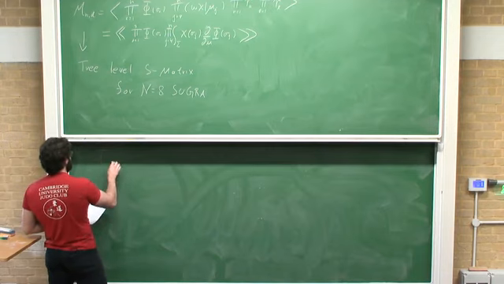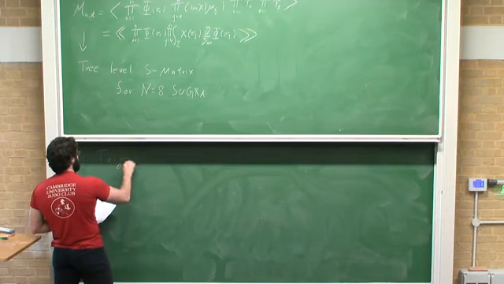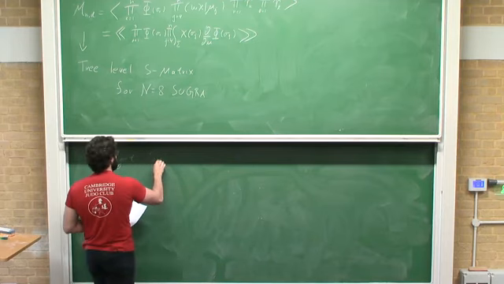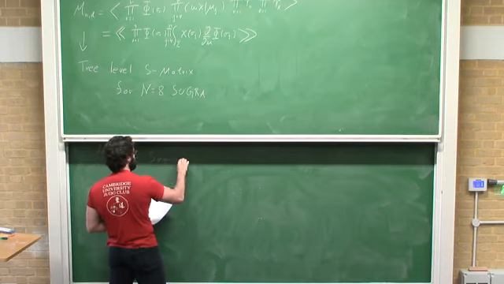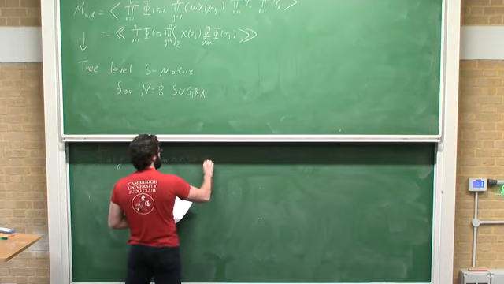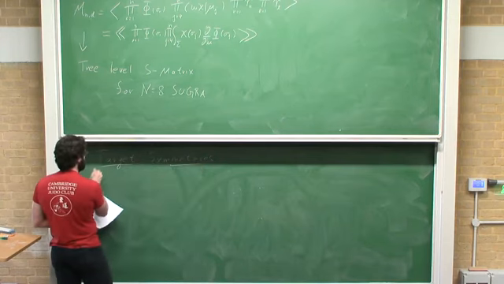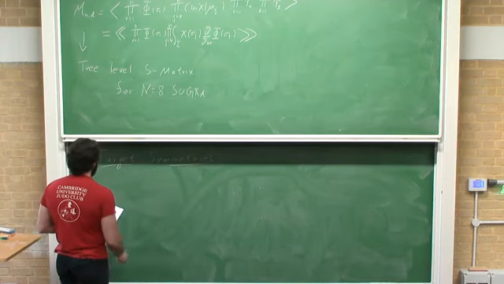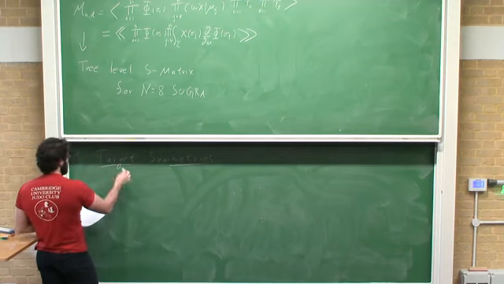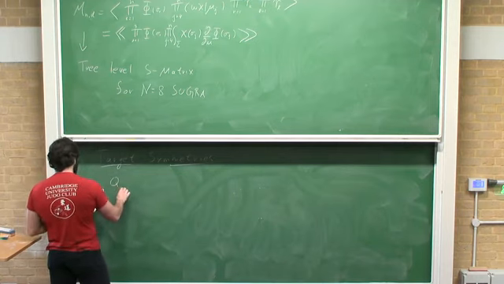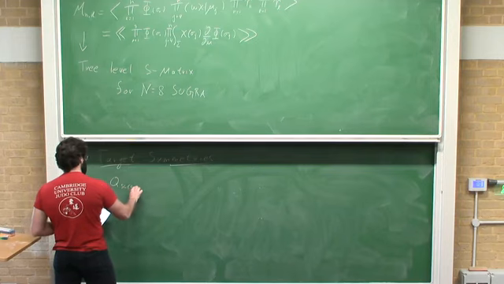Now, I think what people might be more interested in is the target space symmetries, and I'm going to spend the last 5 minutes quickly showing you how they act. It's easy to see how to implement them using the CFT.